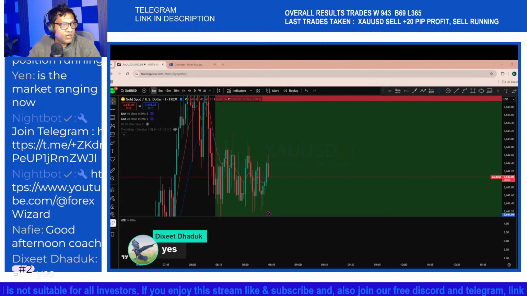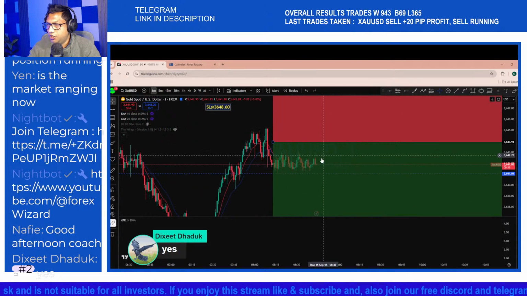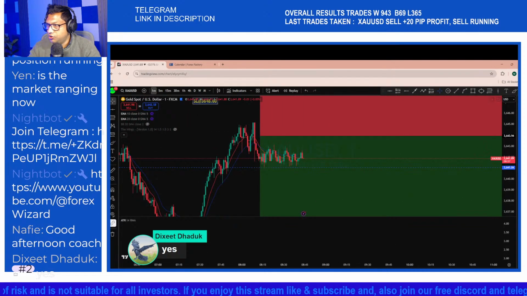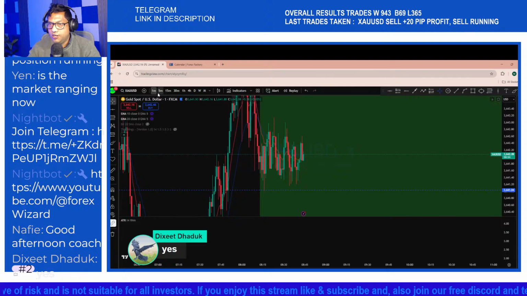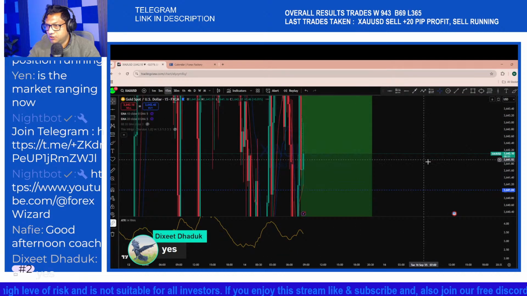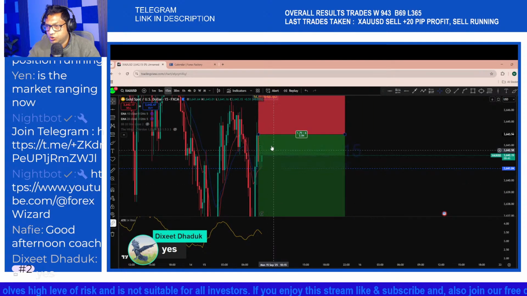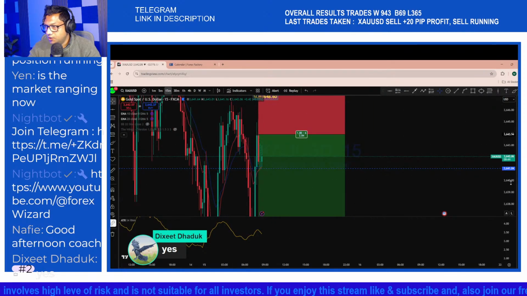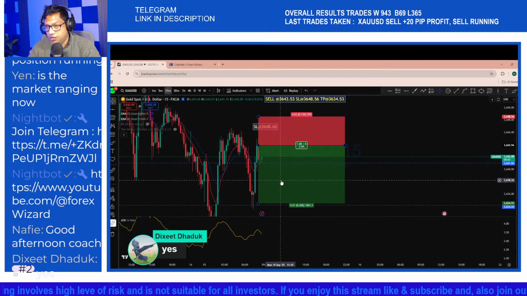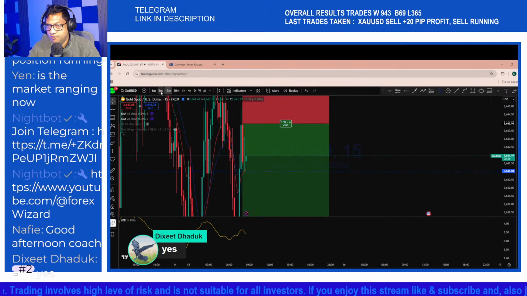Getting reaction here, rejection, and also this is a pretty sharp drop, and that's what we need to see, that the market is trending in that area. So looking at the 15 minutes closing, this 15 minute candle, if it is closing as another doji, the next candle potentially crosses that low here back below in that area.